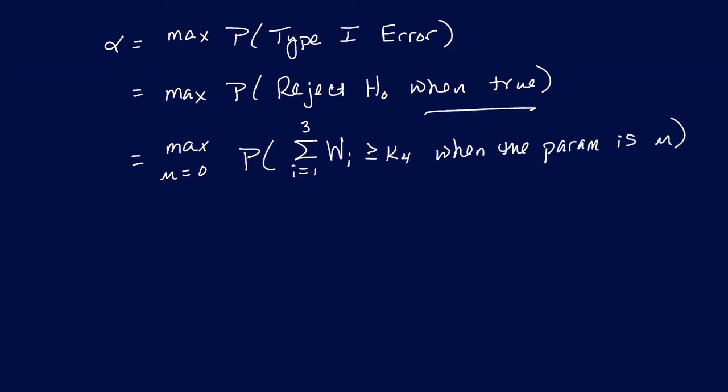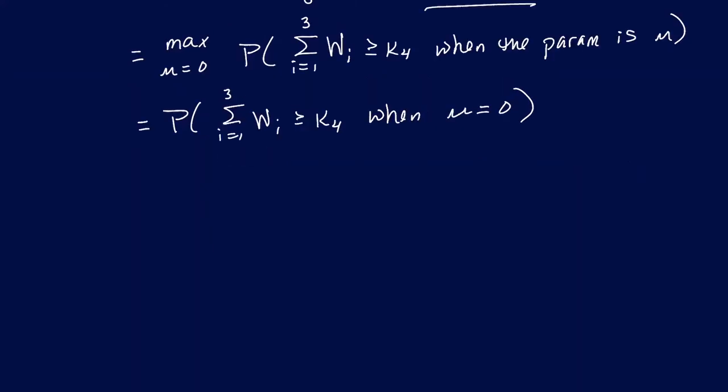And so because I'm maximizing over all mu equaling 0, there's only one value there. So this is the probability, the sum as I goes from 1 to 3 of Wi greater than or equal to k4 when mu is 0. Okay, so now we want to compute this probability.